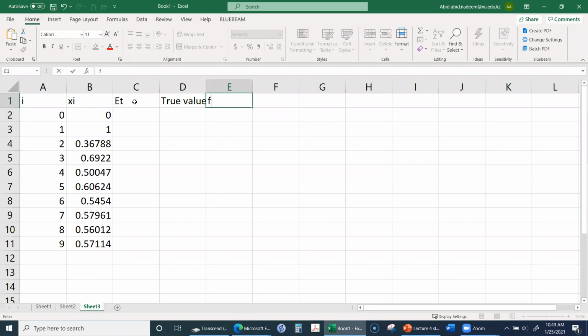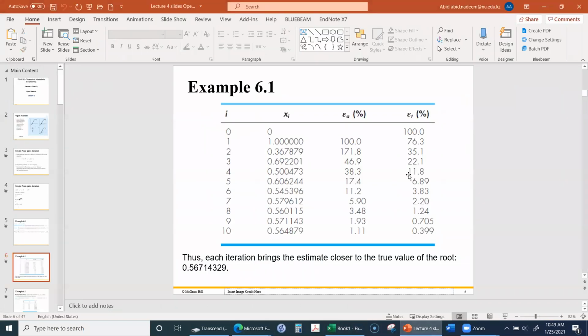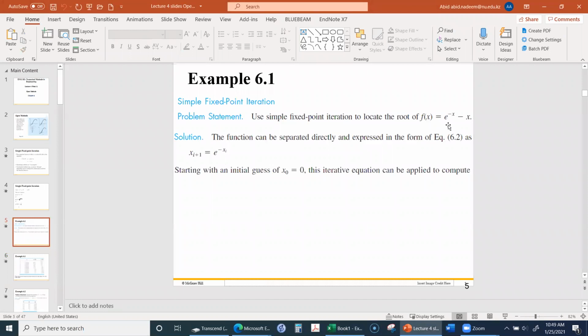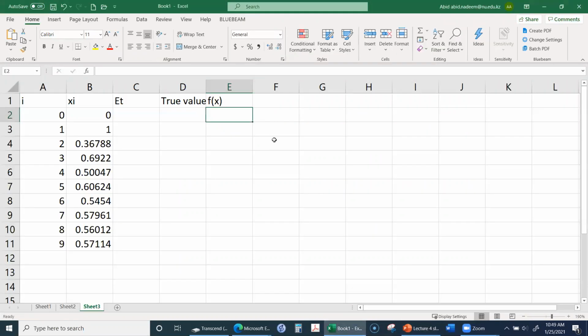F of x, for this question, the equation is e power minus x minus x. Okay, this is just for your indication.